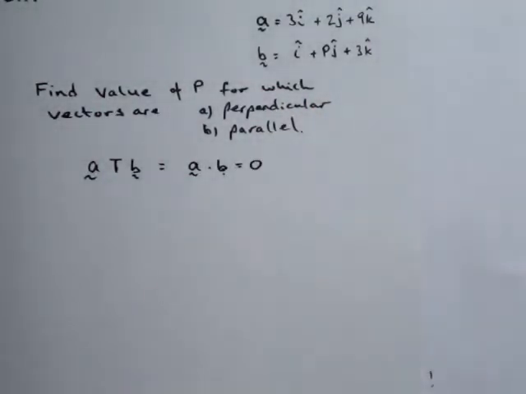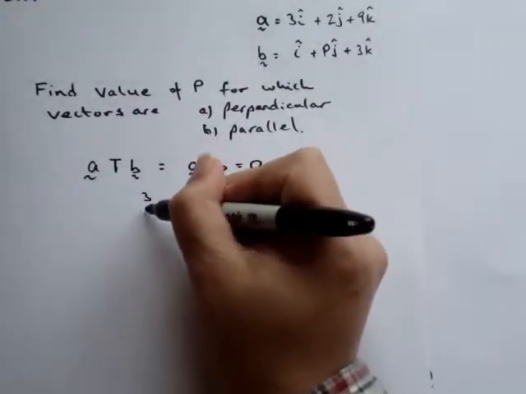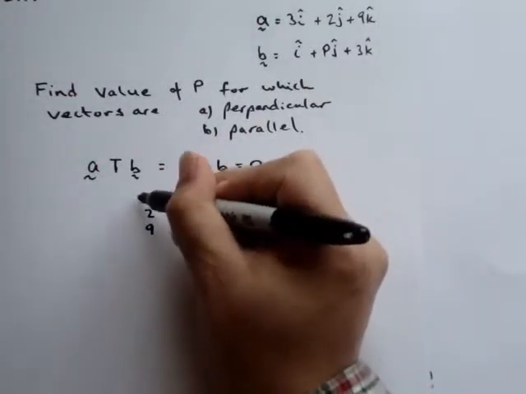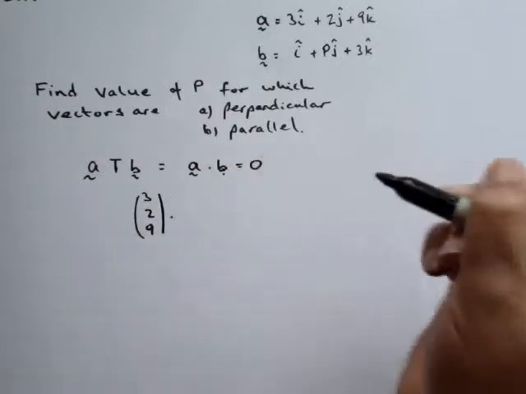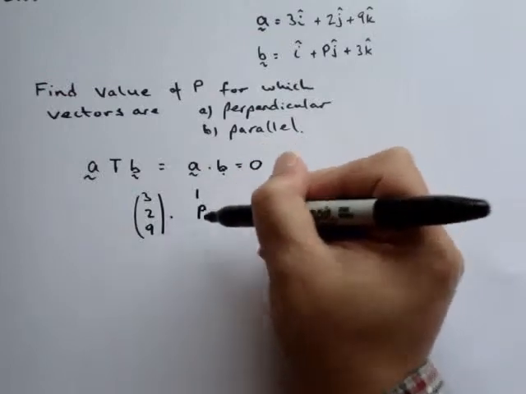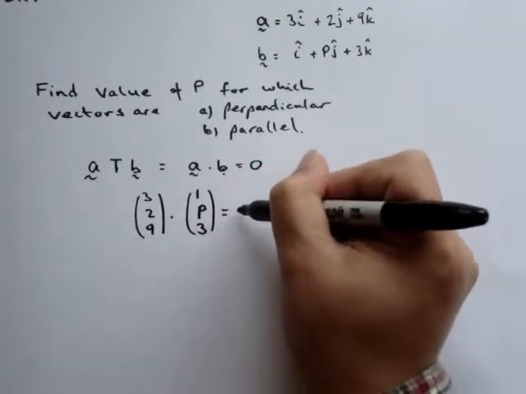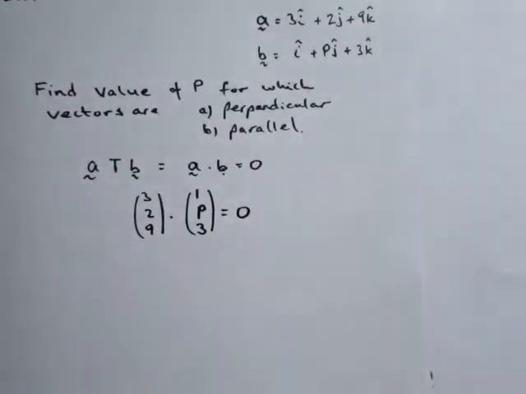So if we draw this in column form, we have 3, 2, 9 dotted with 1, p, 3, and that should equal 0.